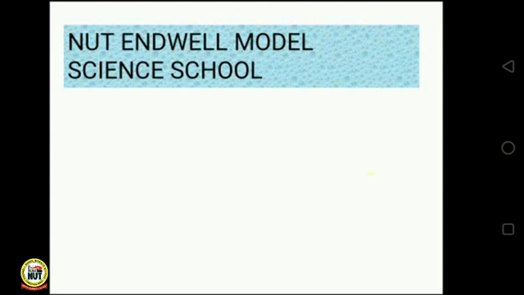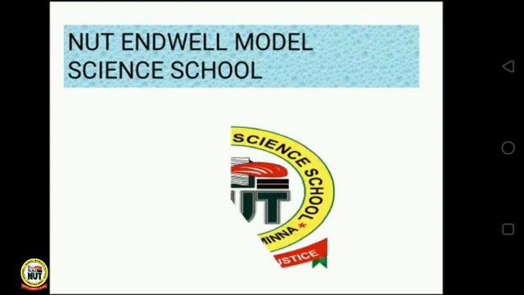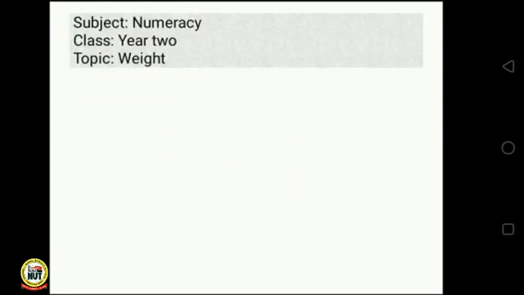All right, so today we are going to discuss the topic which is weight. Now when you carry your bag and the notebook, you observe that the bag is heavier than the notebook. So when you measure how heavy an object is, you are measuring the weight of that object.